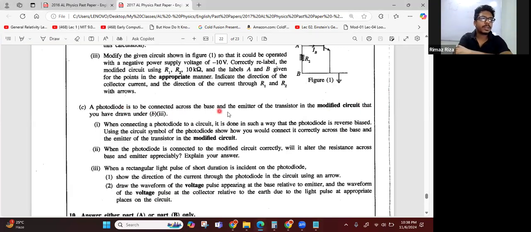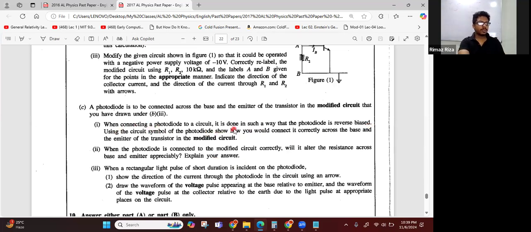When connecting a photodiode to a circuit, it is done in such a way that the photodiode is reverse biased. We know the photodiode works in reverse bias, but the LED, light emitting diode, is forward biased. Using the circuit symbol of the photodiode, show how you would connect it correctly across the base and the emitter of the transistor in the modified circuit.